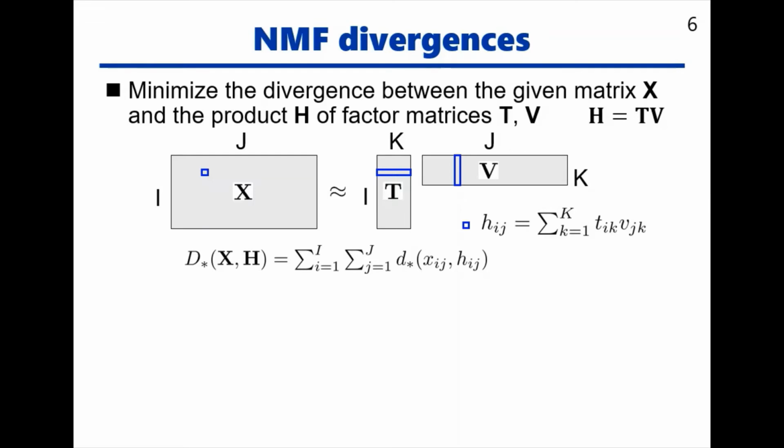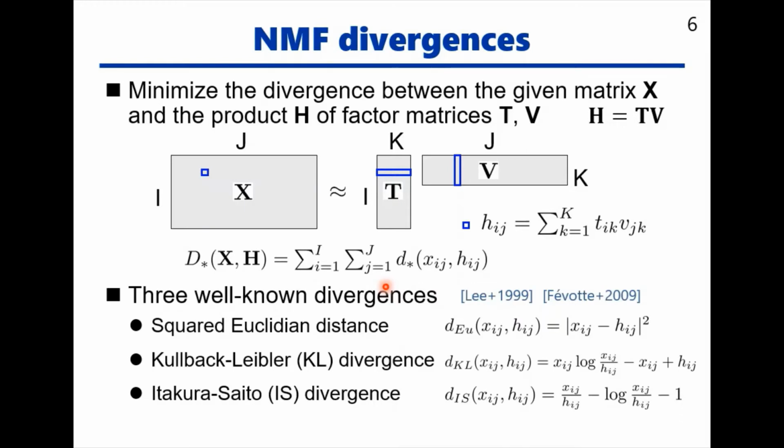An algorithm for NMF minimizes the divergence between the given matrix X and the product of factored matrices T and V. Let's call the product H because this corresponds to the time-varying variance explained in the previous section. The total divergence, denoted by uppercase D, is defined as the summation of the element-wise divergence, denoted by lowercase d.